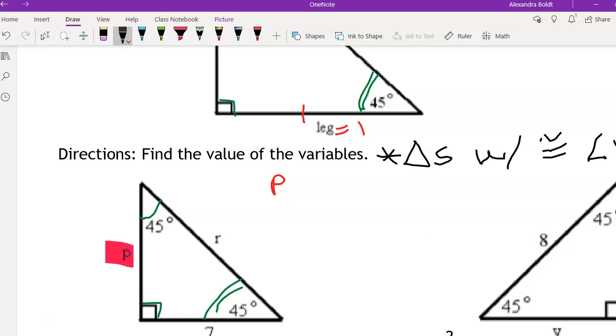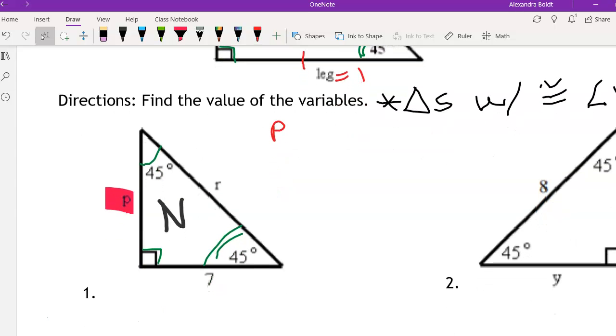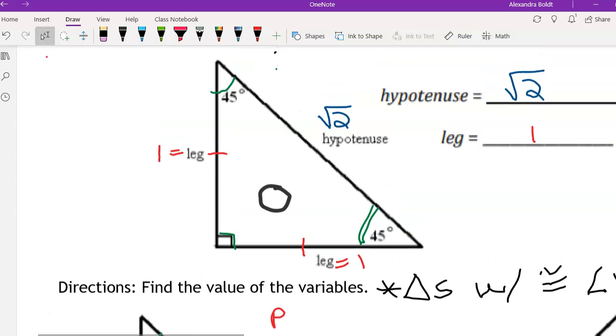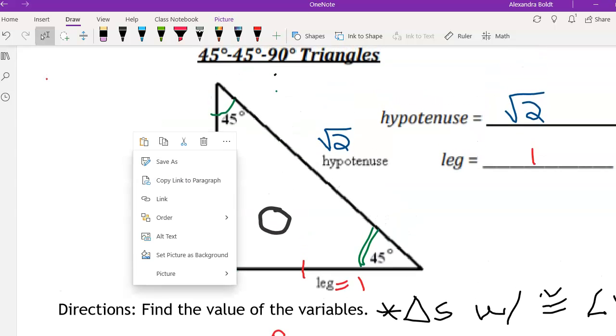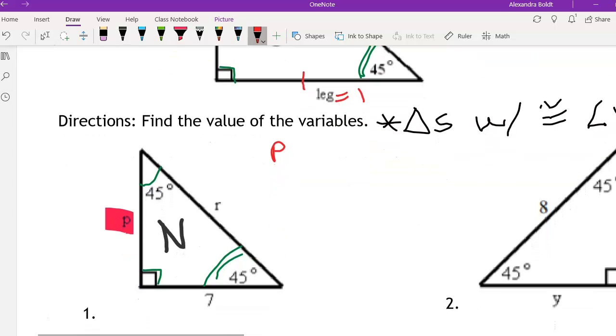So we're calling this our new and this original triangle our old. So we're doing new over old just like we did last unit. Okay? So we have P, and this P is between the right angle and a 45 degree angle. So between the right angle and the 45 degree angle on this triangle is the number 1. So this will be P over 1.